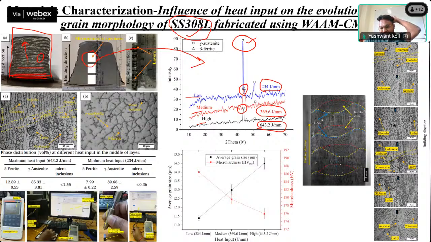So how this is happening is by depositing austenitic stainless steel, and when it is in the solidified form, some traces of delta ferrite are also included in the structure.